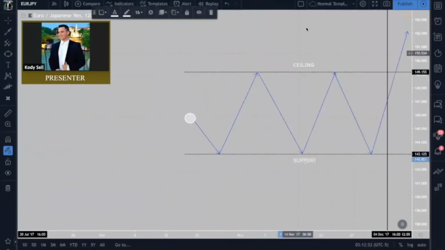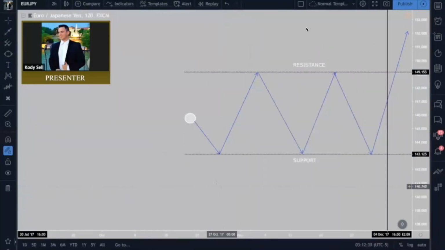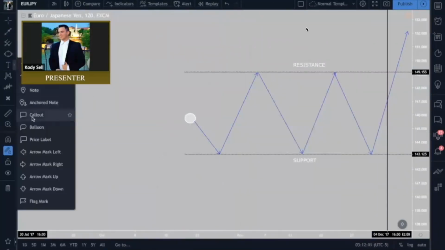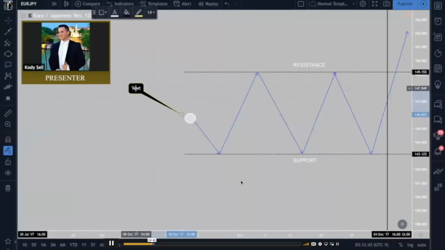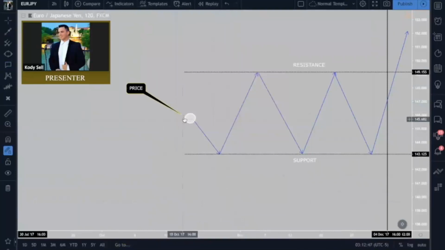And we're going to change the word ceiling to resistance. And what we've got now is price moving in between support in the market and resistance in the market.